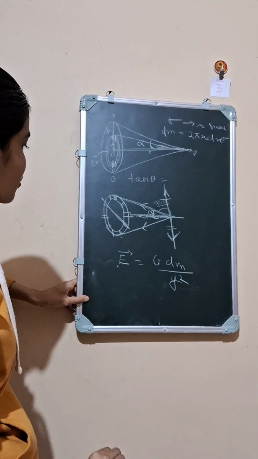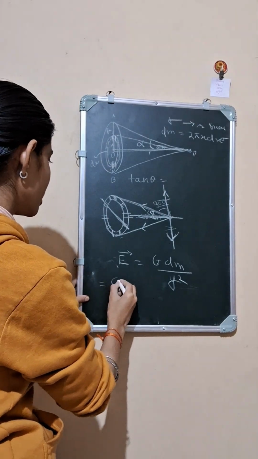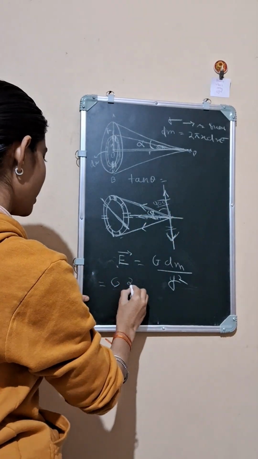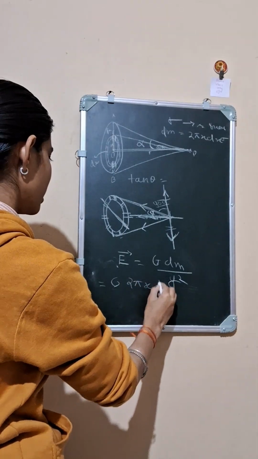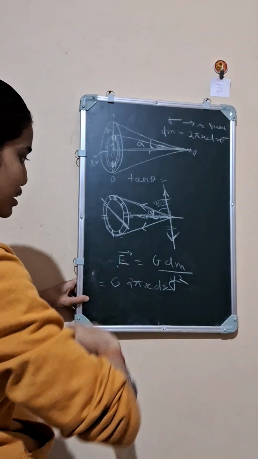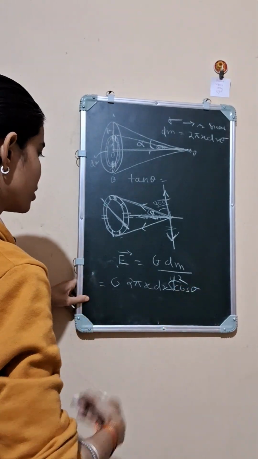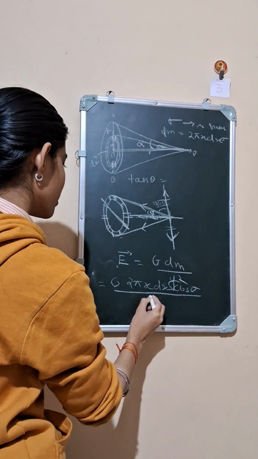So now we are going to calculate the potential and the field. Here dm is sigma 2 pi x dx, and we are going to use the cos theta, because the sine component will cancel out, divided by y square.